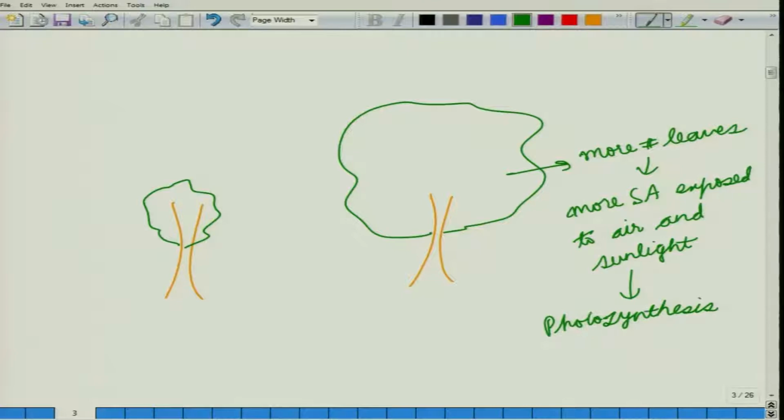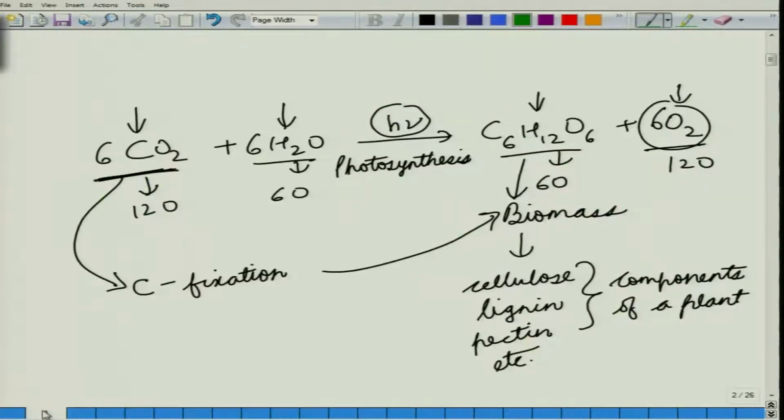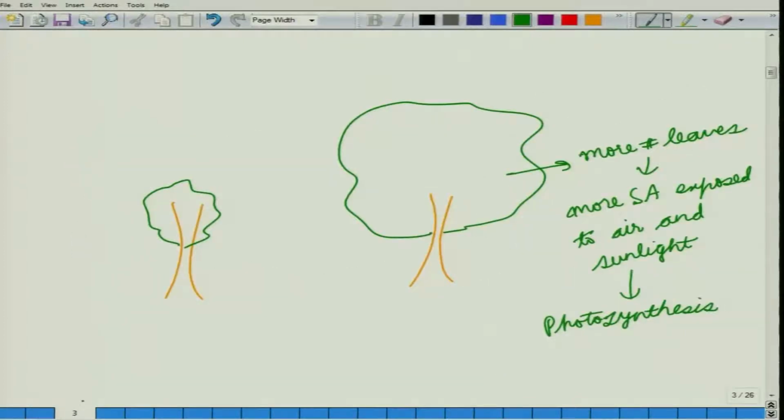Remember that in the process of photosynthesis you need carbon dioxide from the air and you require sunlight, which also means that you should have more and more area exposed to the sunlight. So, it will have more photosynthesis and so this will give you a greater Vigour.